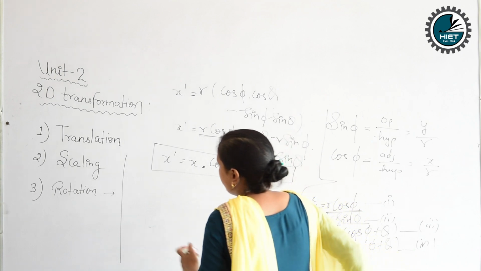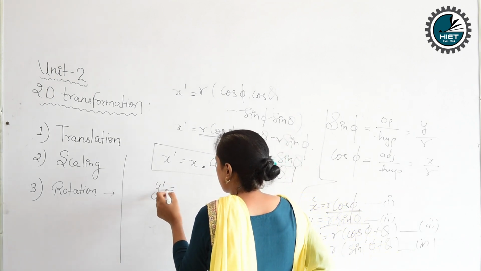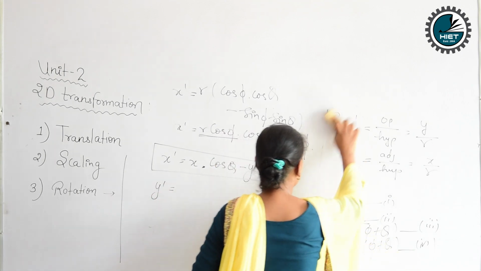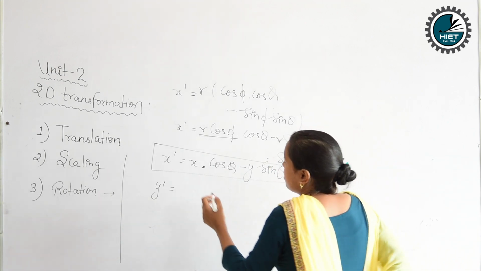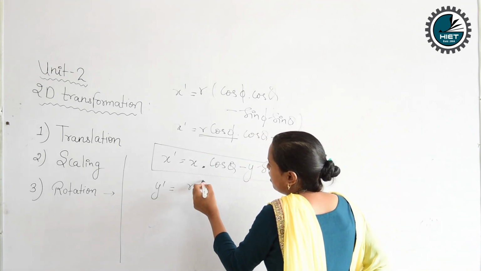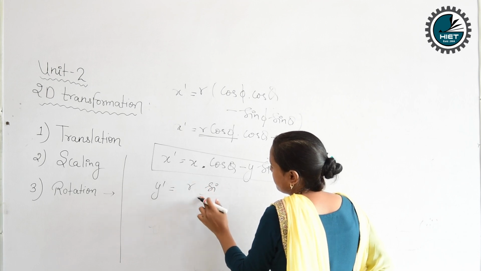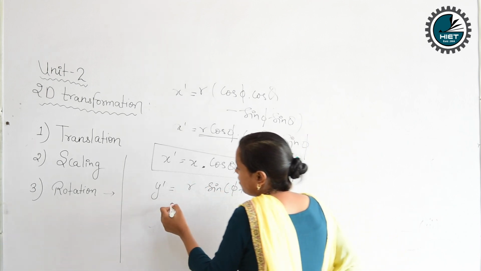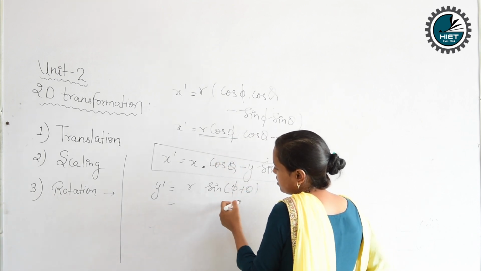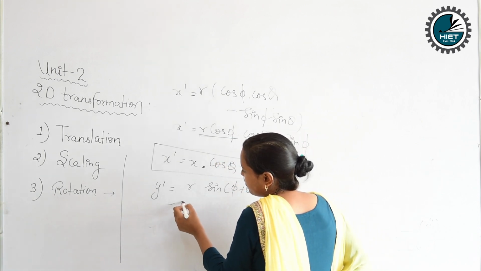Now we calculate y dash, which is r sin(phi plus theta). We break it according to the sin(a plus b) formula.